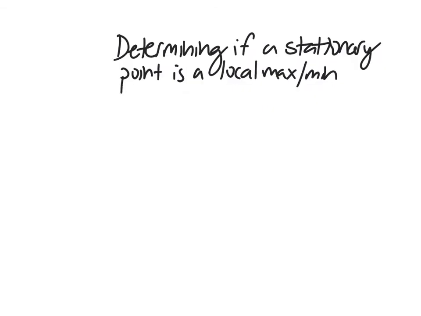A natural question that may arise after seeing that the origin was not a max or min for the function xy is whether we have some ability to determine, without looking at the level curves, whether a stationary point really is a max or a min. And the answer is yes, we do have a way. It's basically an analog of the second derivative test from single variable calculus.